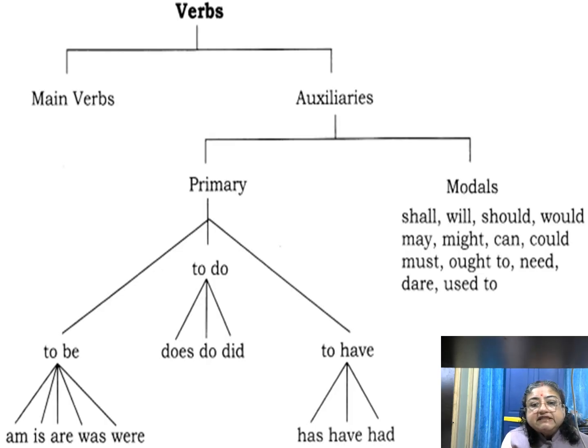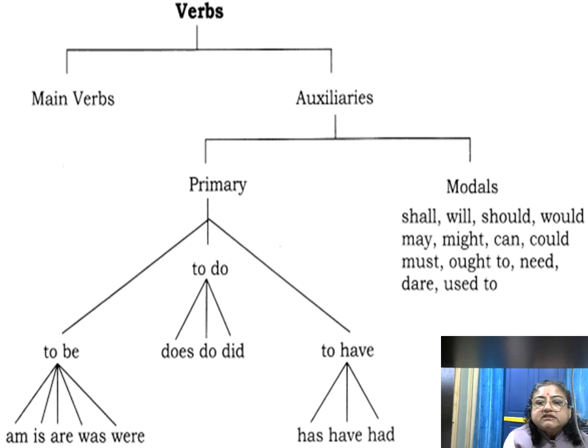Now if you see this chart, there is a main verb and auxiliary. In this video I will explain main verbs and auxiliaries. Auxiliaries have two different parts, primary and modals.